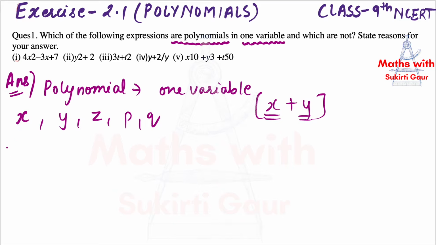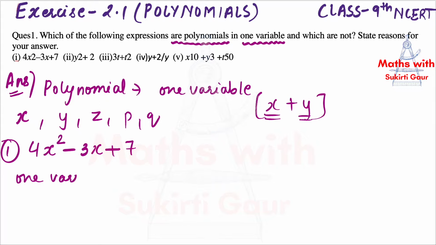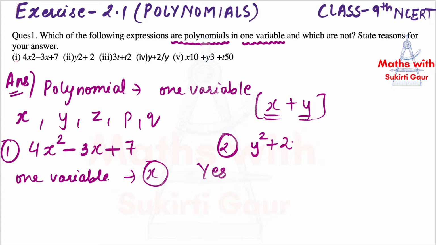Starting with the first part, we have 4x square minus 3x plus 7. So we only have one variable in this part, that is x. So can we say this is a polynomial in one variable? Yes. In second part, we have y square plus 2.